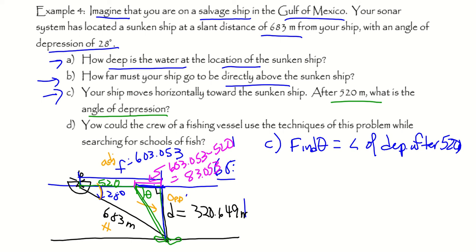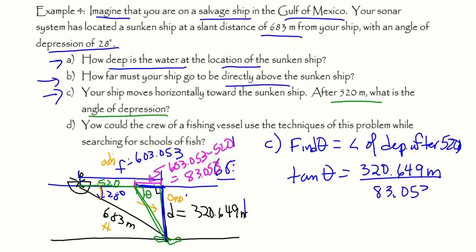I know this side right here, which is my opposite side. So I can use tangent, and I could say the tangent of theta is equal to the opposite side, 320.649 meters, divided by my adjacent side, 83.053 meters. Those meters divide out.